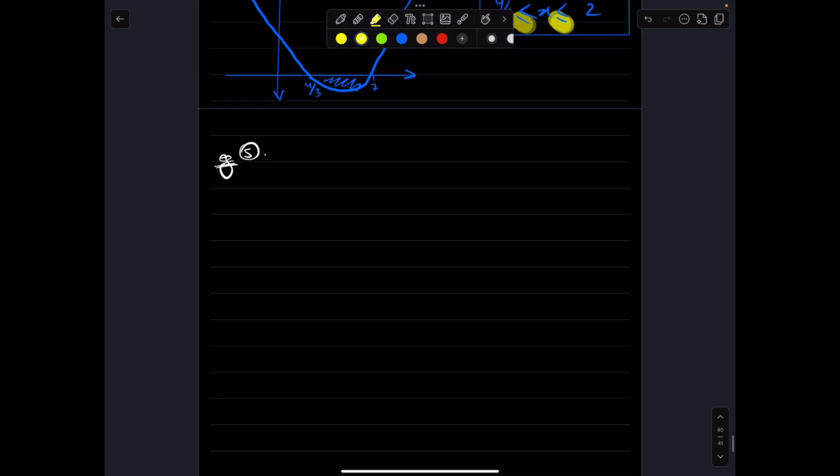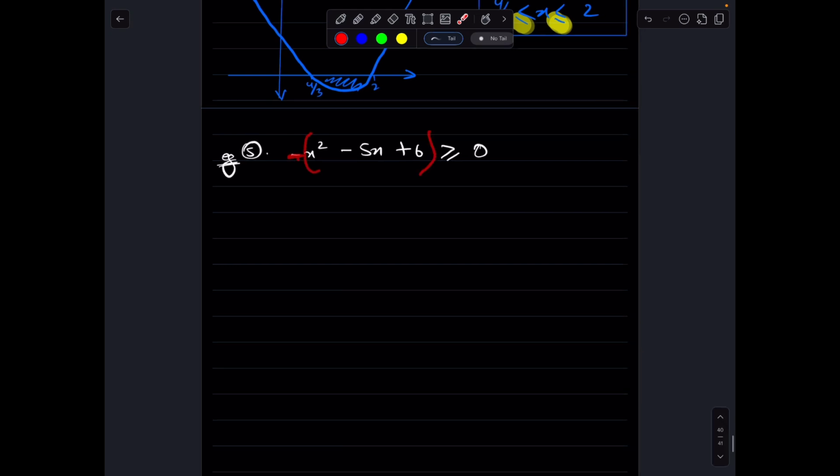So our last example, let's take this to be x square minus 5x plus 6 and greater than equals to 0. This example is important since we have a maximum curve, and we learned that whenever we have minus sign, it's a maximum curve, and in this case we'll take the minus sign common, or we can even multiply both sides by minus 1.